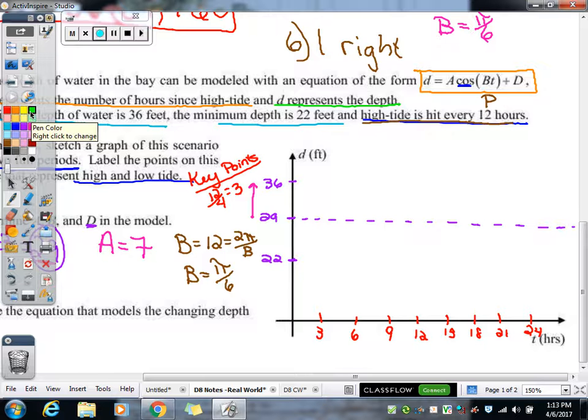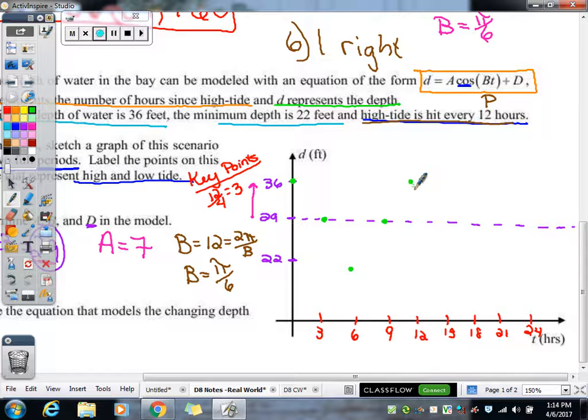So once you have those on there, let's start sketching it. Our high tide starts us off. So we start off at 36. Our next key point would be right there in the middle at 3 hours. We would reach our midline. Our low would happen at 6, which would be 22. Then at 9, where are we back up to? Midline. And at 12, we're back up to 36.